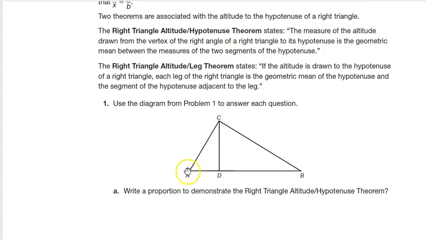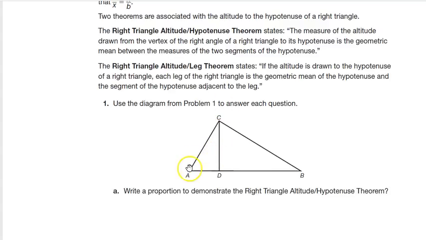This side, AC, is going to be the geometric mean of two values, AB and AD. Therefore, if I know AC and I know AD, I can write a ratio. I could do the other way too: CB is the mean of BD and BA.